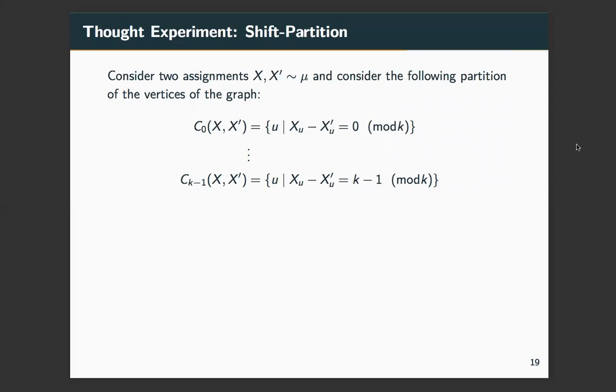The component C0, defined using X and X prime, contains all the vertices U for which the label assigned to U by the assignment X minus the label assigned to U by the assignment X prime is 0 mod K. Similarly for C1, we want this difference to be 1 mod K, and so on. One can easily see that each vertex is assigned to one and only one of the components, and hence this is a valid partition of the vertices.